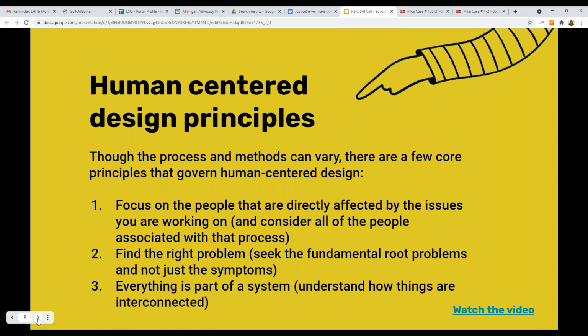User experience design, there's a lot of terminology, so human-centered design, user-informed design, these are all terms that you may have heard before. But really at the core of human-centered design and user experience design are these core principles. So the first is to really focus on the people that are directly affected by the issues that you're working on, right?